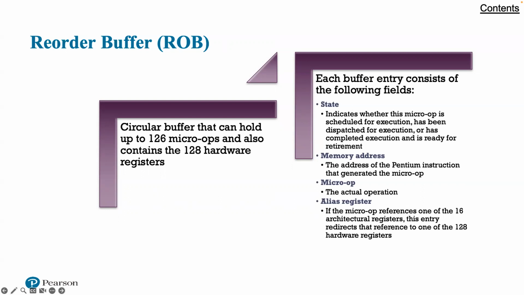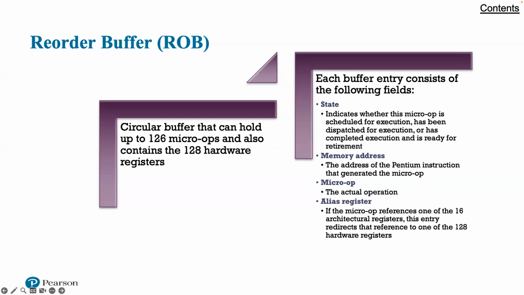Memory address: the address of the Pentium instruction that generated the micro-op, and the actual operation. The alias register: the micro-op references one of the 16 architectural registers, and this entry redirects that reference to one of the 128 hardware registers.